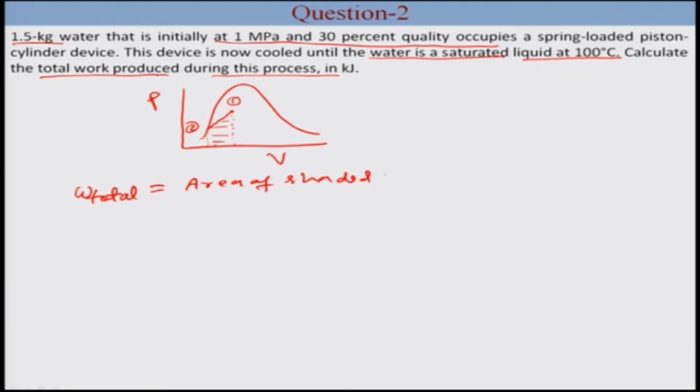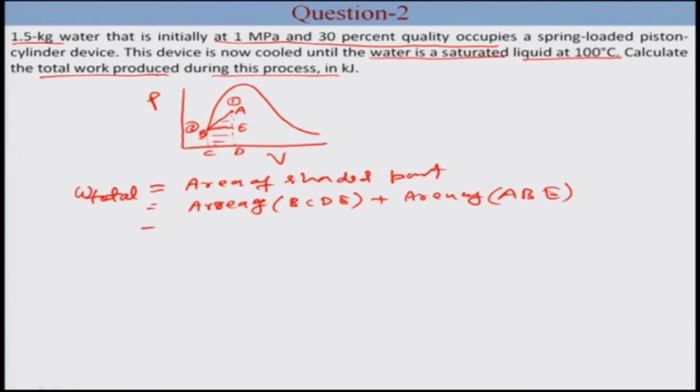If we divide this region into parts, this will be the area of this rectangle BCDE plus the area of the triangle ABE.